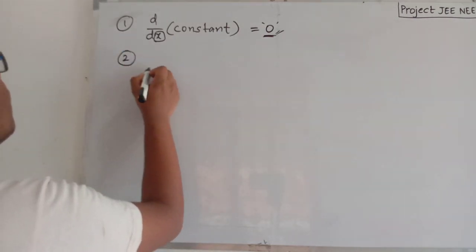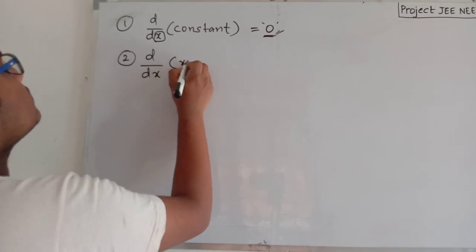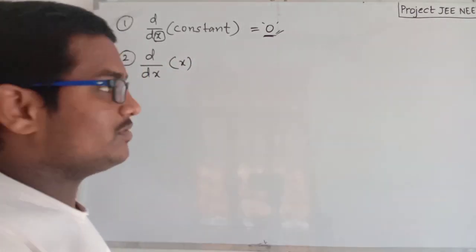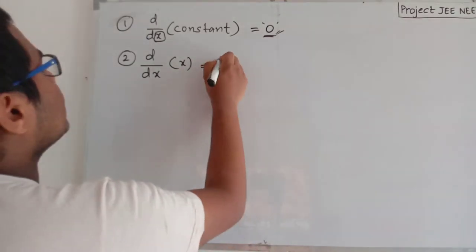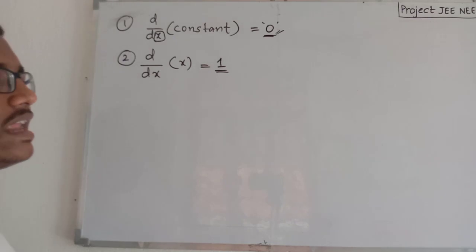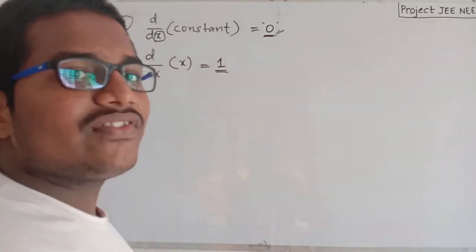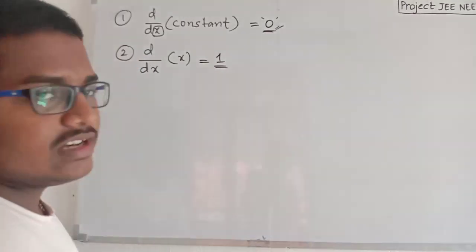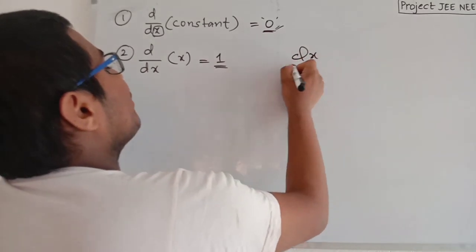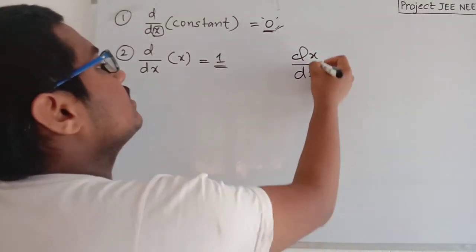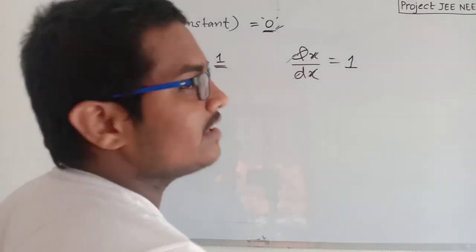And the second one is d by dx of x, ये तो बच्चों का सवाल हो यार. So d by dx of x is actually 1. You can remember this in a funny way. dx by dx, cancel dx dx, so then you will get 1.